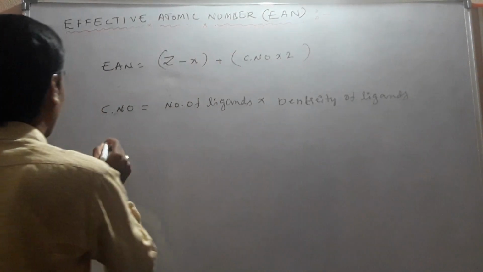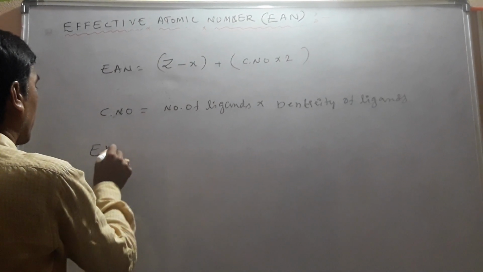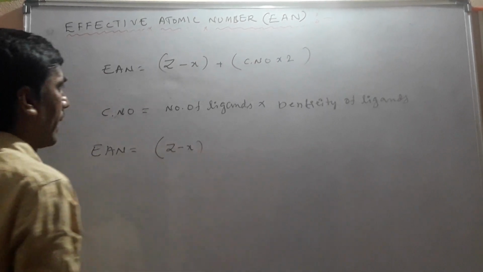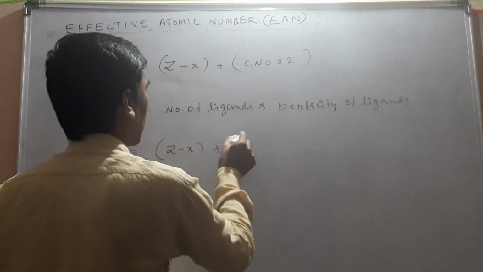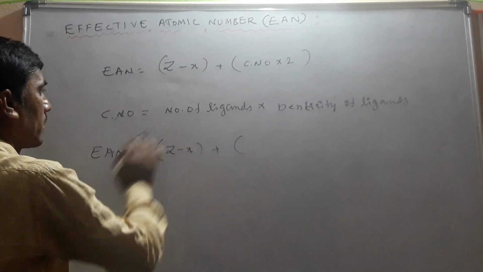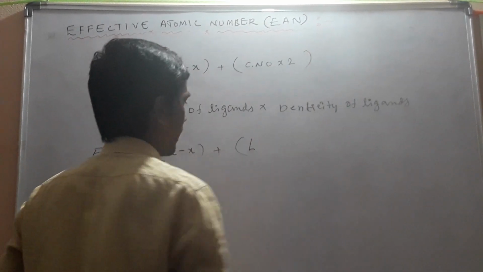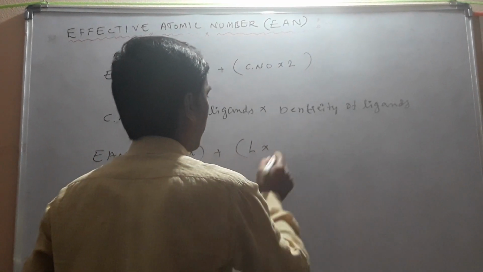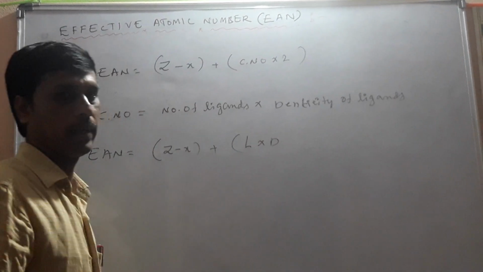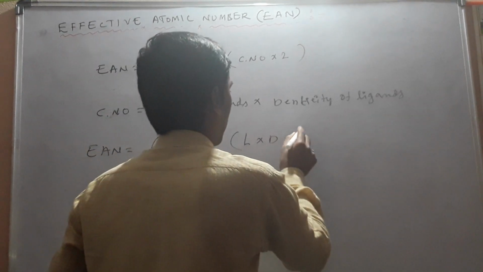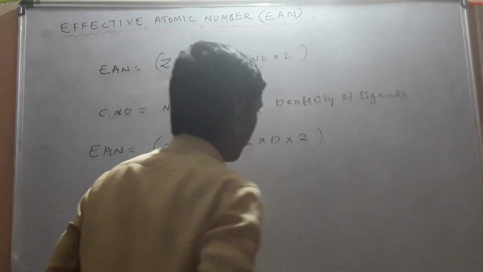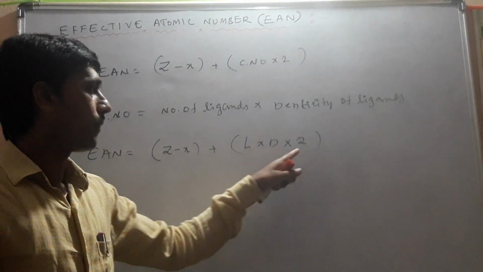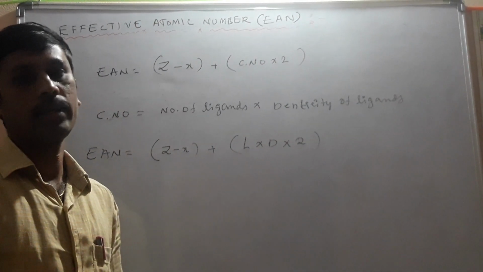That is, the total formula is EAN is equal to Z minus X plus coordination number, that is the number of ligands, which we denote L, into the denticity of ligands, denoted by D, into 2, where 2 is because each ligand donates one pair of electrons in a coordination compound.